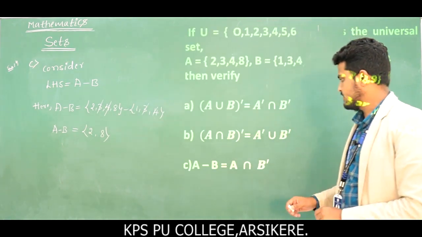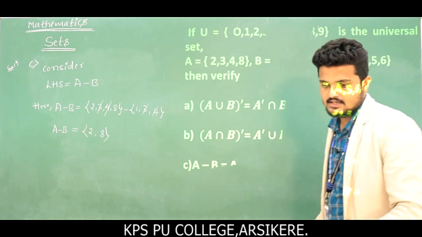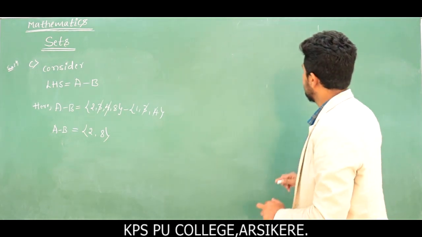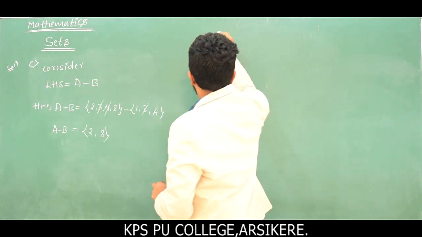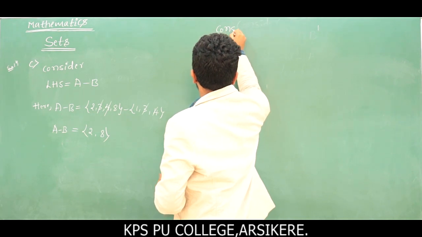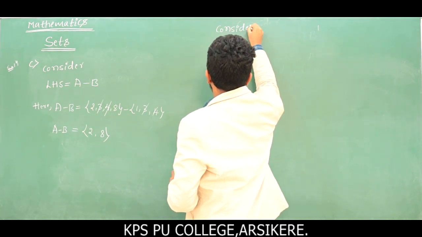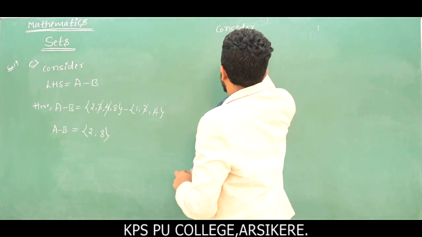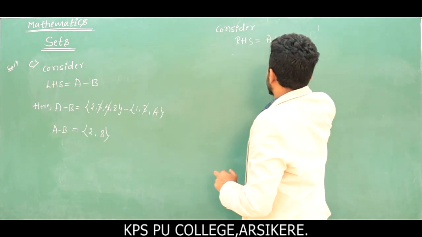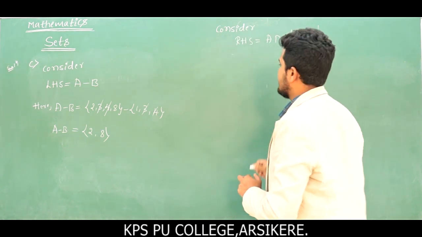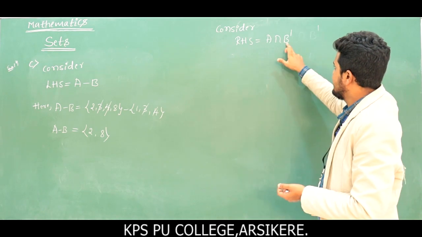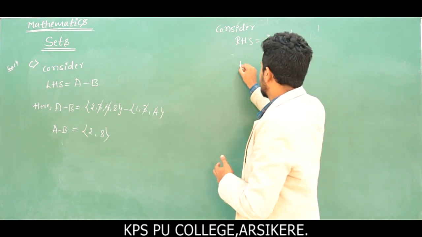So RHS, look here: A intersection B'. So consider RHS, A intersection B'. Here first we have to find the B' value. So how to find B'?